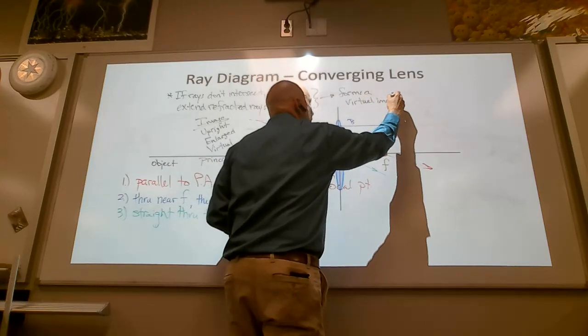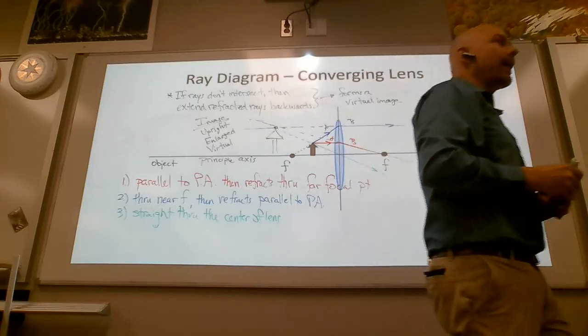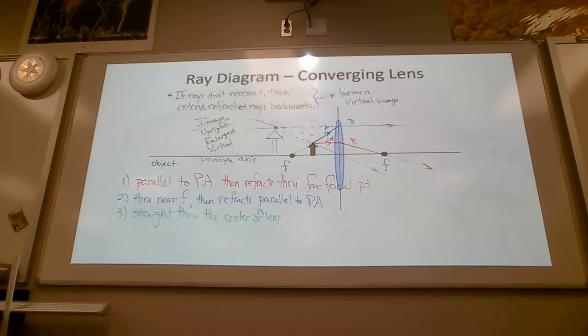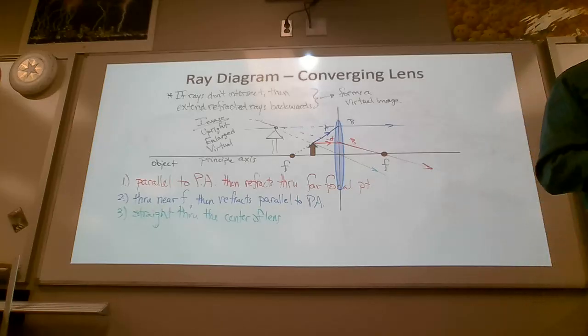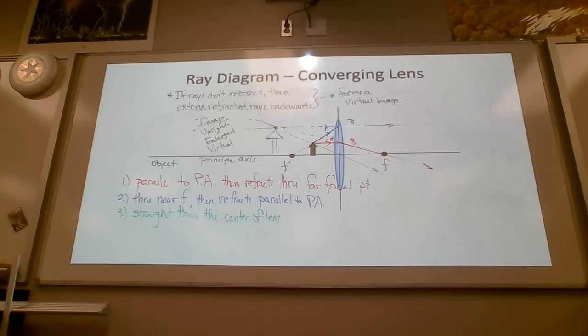Sorry, let me correct this. If you have to extend the rays backwards, that means it's a virtual image, not a real image. Your eyes are a converging lens.